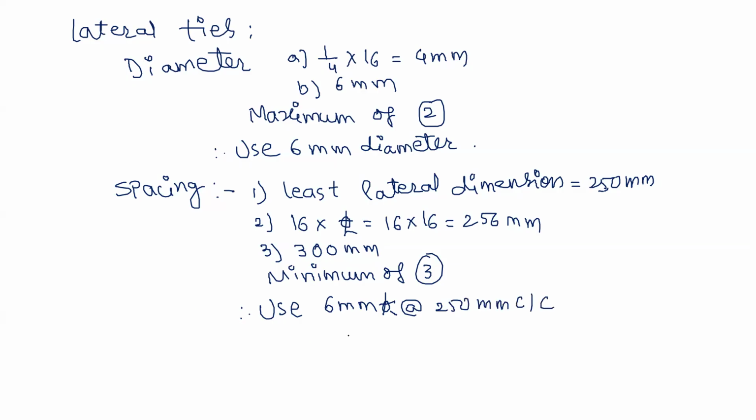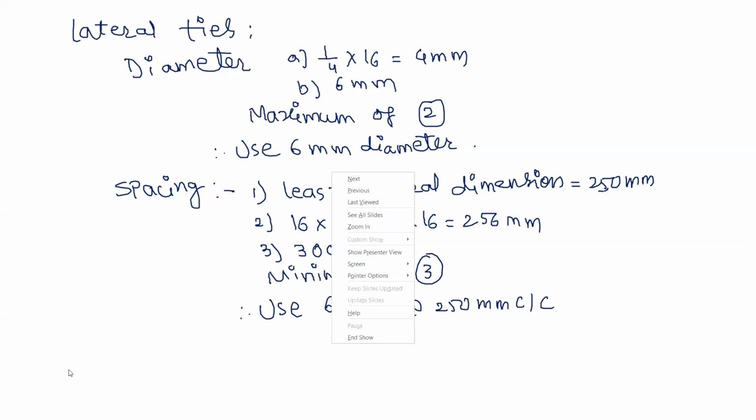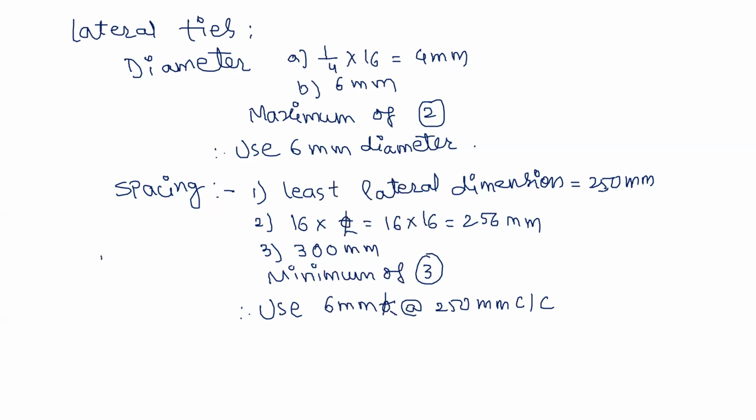And then draw the diagram of the column, that is cross section. So we have 250 by 300. And then we have 6 bars, 1, 2, 3, 1, 2, 3.